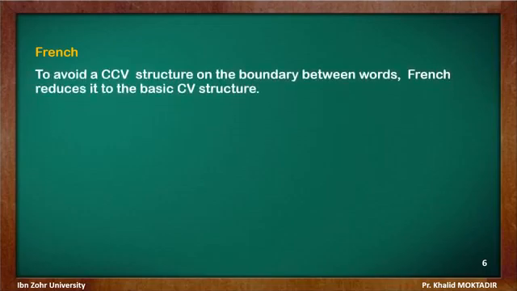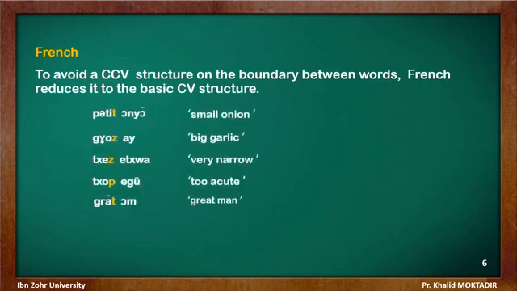Here are more examples on this rule from French. Now, to avoid this complicated CCV pattern on the boundary between words, French resorts to the deletion of the final consonant in the first word so that we reach the basic CV structure. Look at the examples. Here, we have a pair of words where the first word ends in a consonant and the next word begins with a vowel.